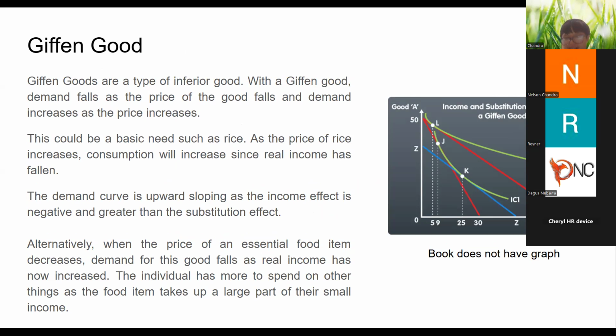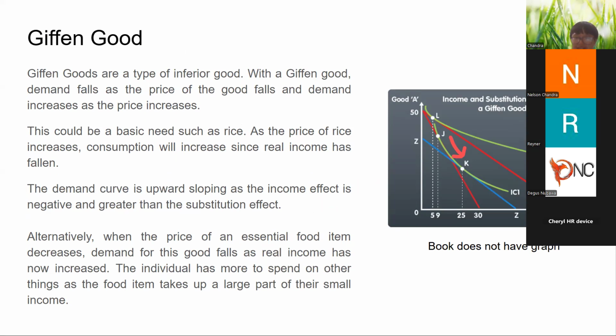The only difference is that you have to understand this is the substitution effect. Let me write it down first. It's from J to K, and the income effect is from K to L.